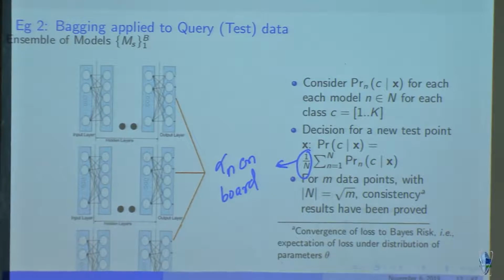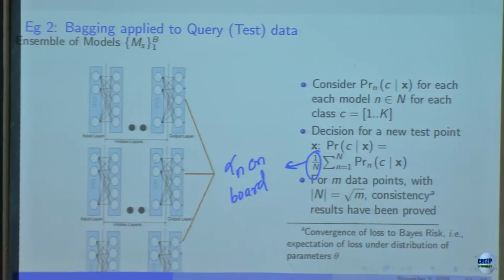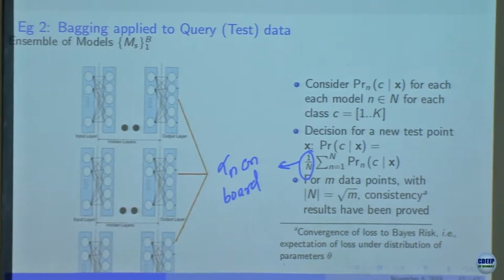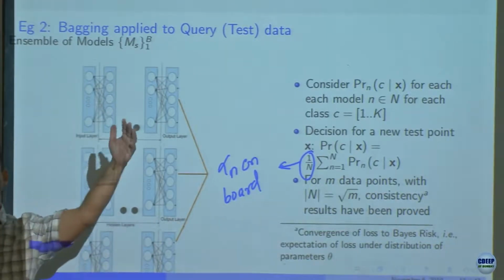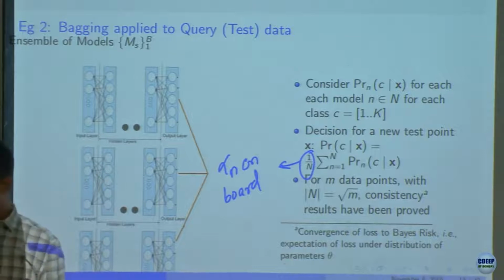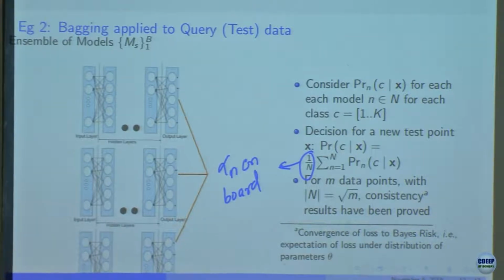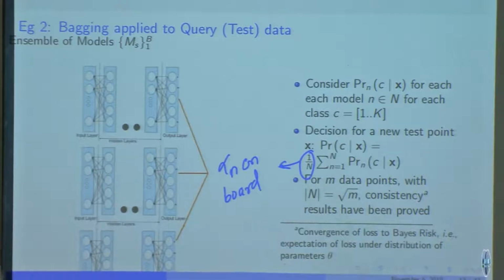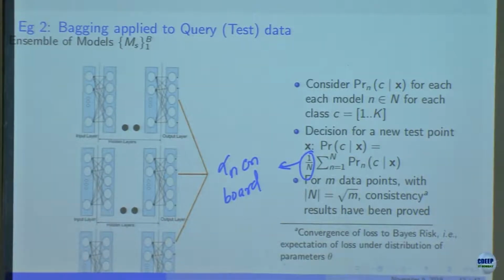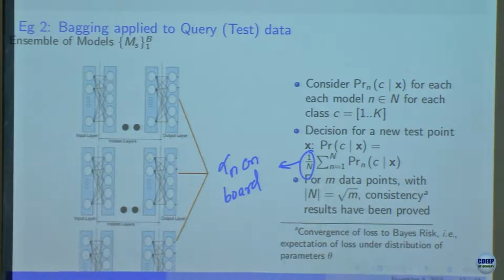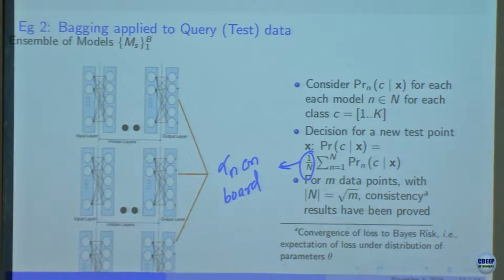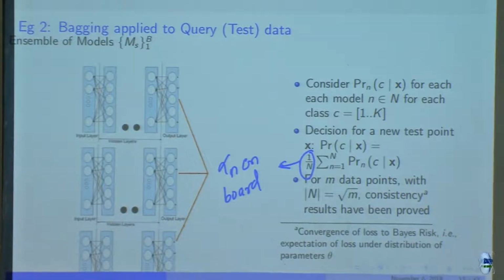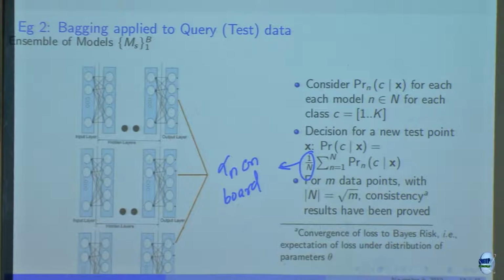That was a very simple idea, but it turns out that if you have m data points and the number of classifiers is of the order of square root of m, which is not very small, a large number of data set samples but still of the order of square root of the number of examples, so for 10,000 data points, of the order of 100 classifiers, under that you can show consistency results. What is consistency here?